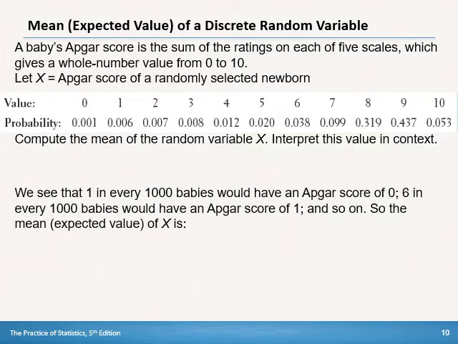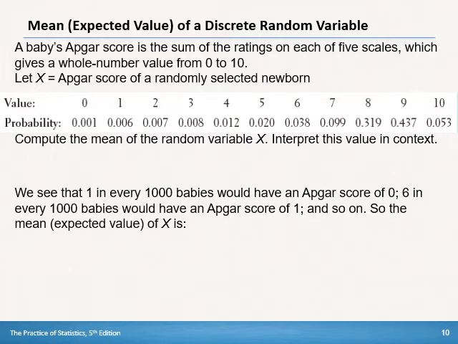Making sure that we understand the probability distribution that we have: 1 out of 1,000 babies has an APGAR score of 0. So if we randomly selected a baby, the probability that they would have a score of 0 would be 1 out of 1,000. And 6 out of every 1,000 babies would have an APGAR score of 1. You can see that in the table.